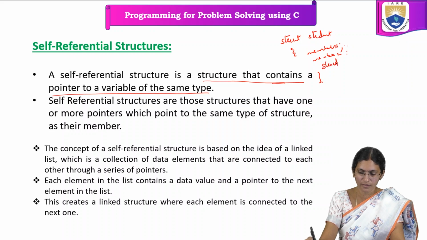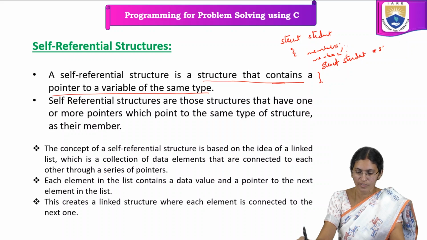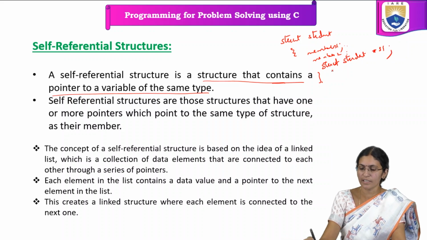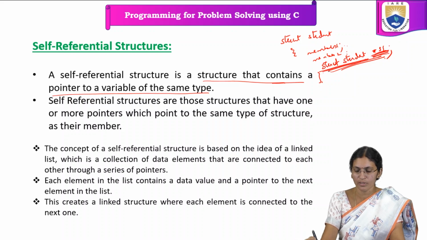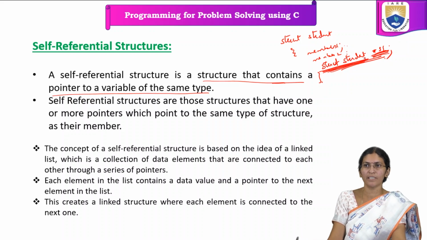So when we write star S1, here we have declared a pointer variable. Star S1 is a pointer variable which is pointing to a variable of the same type, that is, the struct student data type.